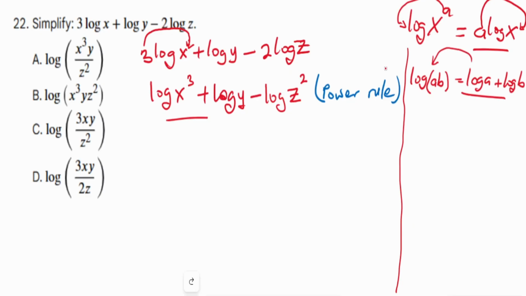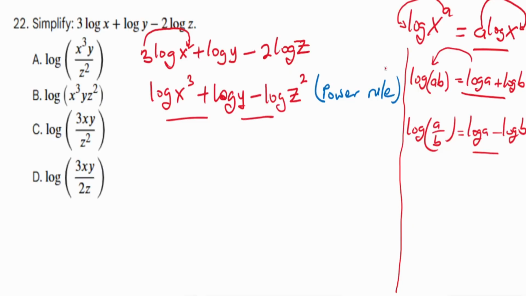Then the quotient rule says that if you have the log of the quotient of two numbers, let's say log A over B, that is the same as log A minus log B. So you take log of the numerator minus the log of the denominator. And again, the opposite is what we see here.